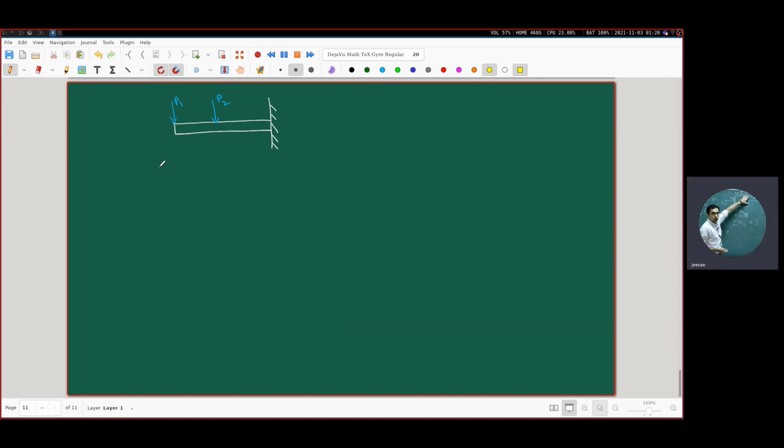So here one force is P1, so this is P1 times delta 1, because delta 1 is the deflection which is occurring here. Similarly, I will have another delta 2 here, so I'll just add them up. So this is the total work done, and this thing on the right hand side will be again this expression.